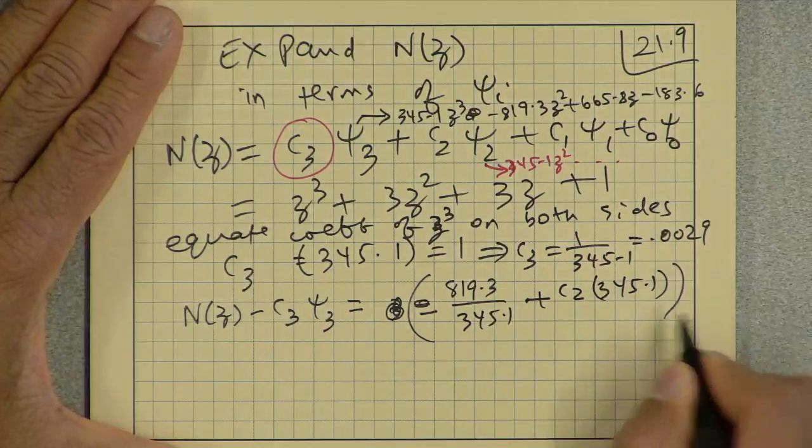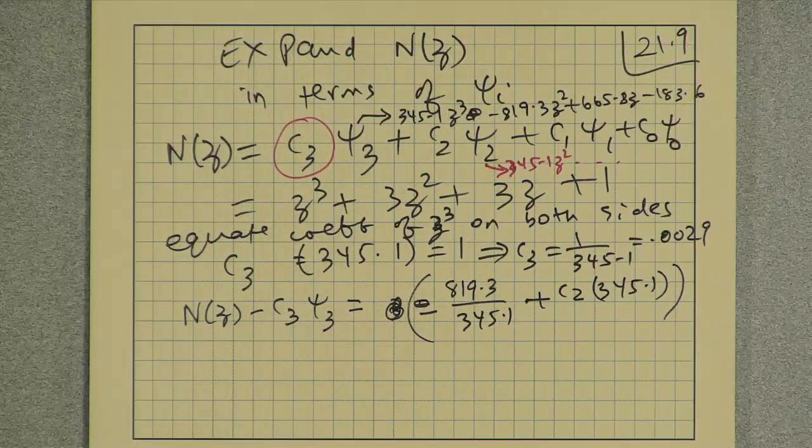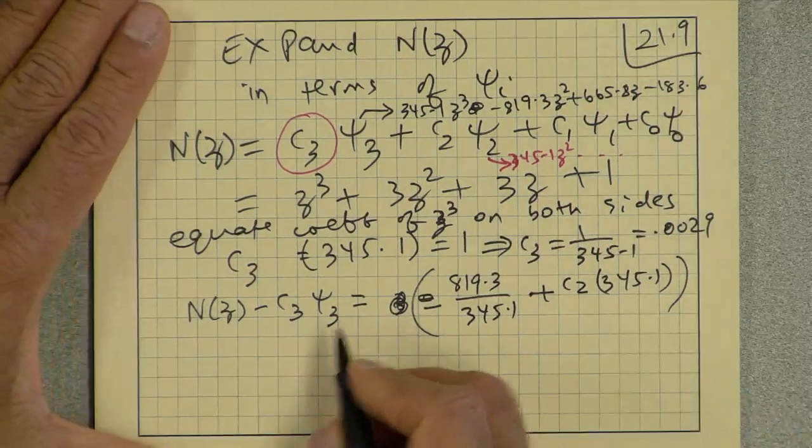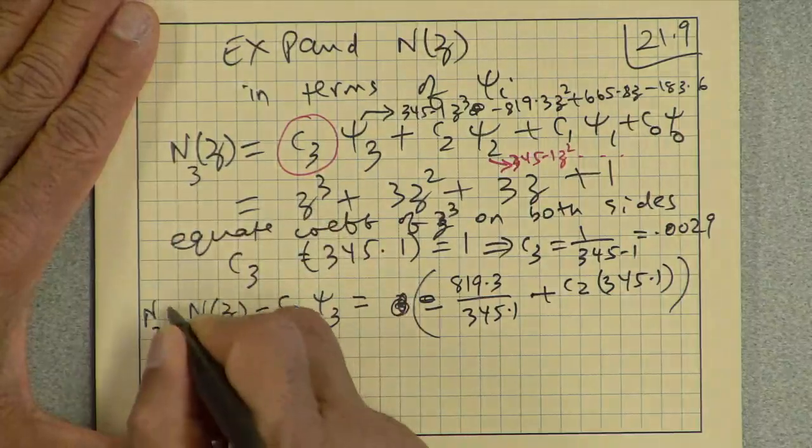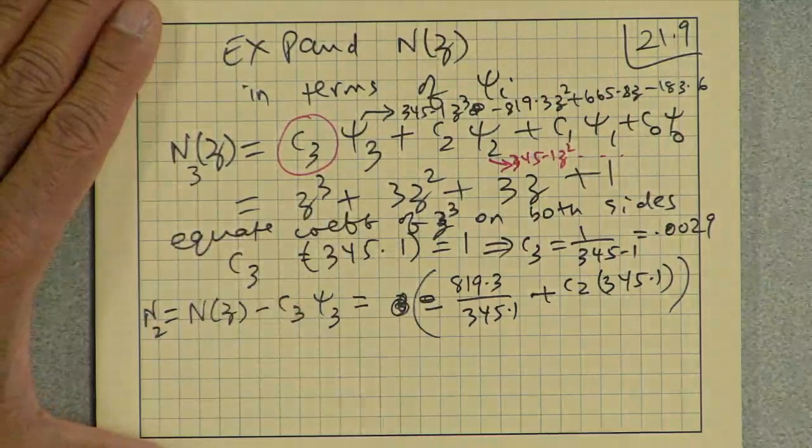Okay, so let's take a look at whether I get the expansion coefficients or not. Once we compute N2, if we call this N3, then N2 is N3 minus that.